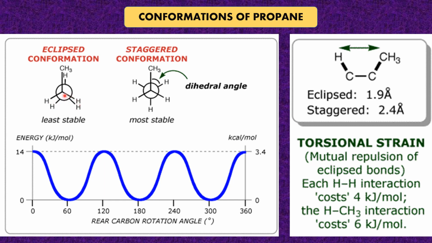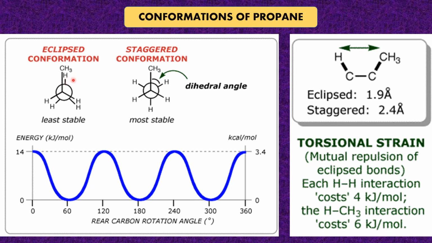Similarly, these two CH bonds, one in the front and one at the back, these two bonded electron pairs are also eclipsing, and there is a repulsive eclipsing interaction here that also raises the energy of the molecule by another 4 kilojoules per mole. And here there is a CC bond in the front carbon and a CH bond at the back carbon. This eclipsing repulsive interaction increases the energy by 6 kilojoules, not 4 kilojoules as in the other case.